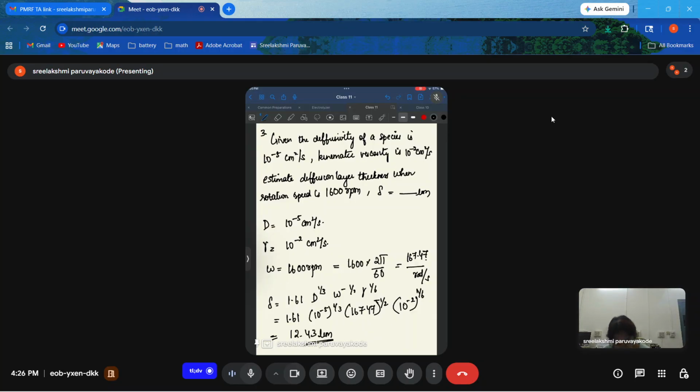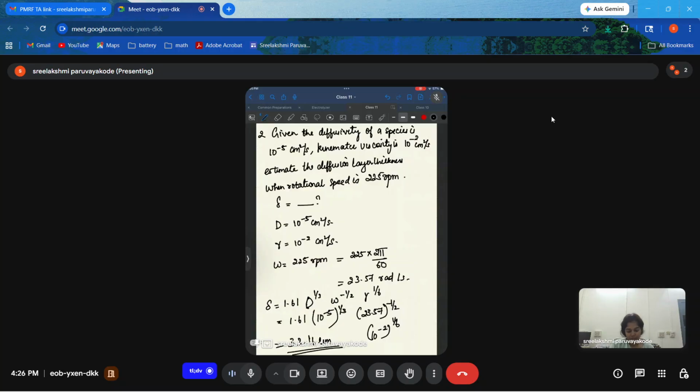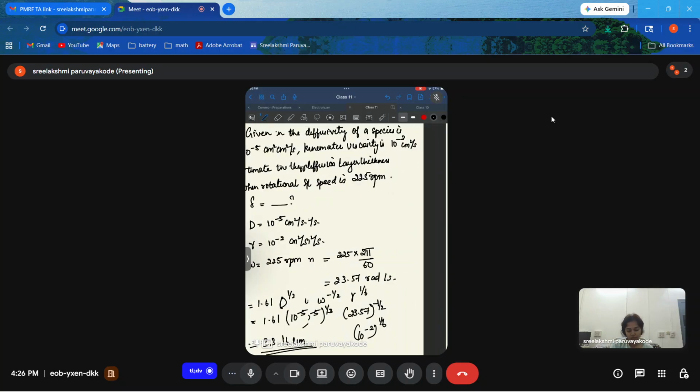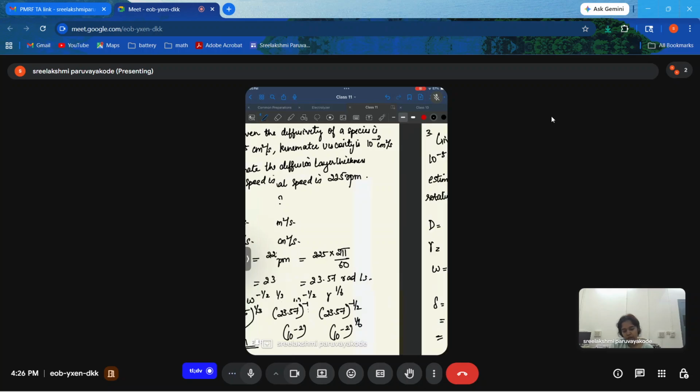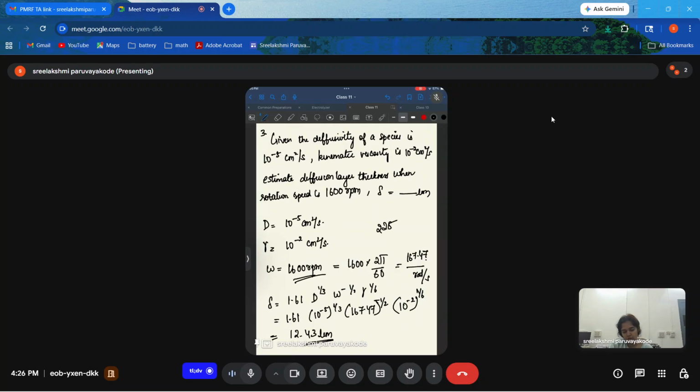So when compared to the previous question, the thickness value is reducing. Why reducing? Because your RPM is increasing from 225, it has increased to 1600 RPM.